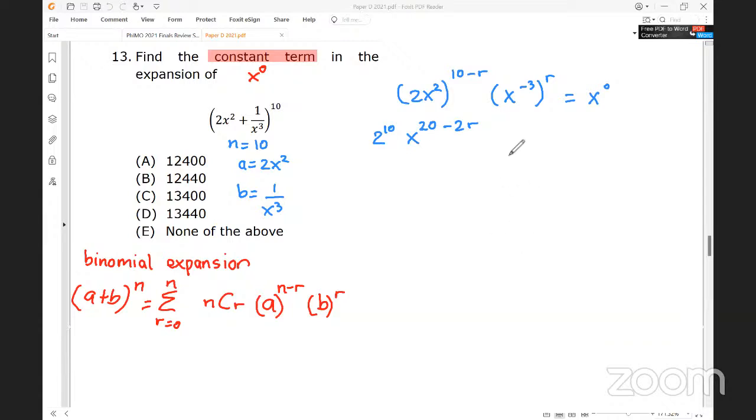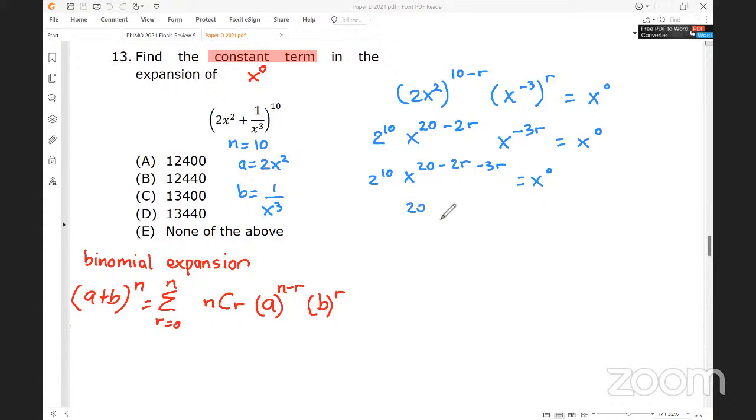Next, in here we can expand that, it becomes x to the power of -3r equals x in the power of 0. So in here, 2 in the power of 10, x to the power of 20 minus 2r minus 3r equals x in the power of 0.